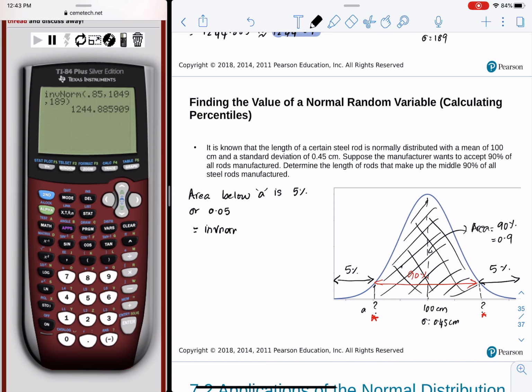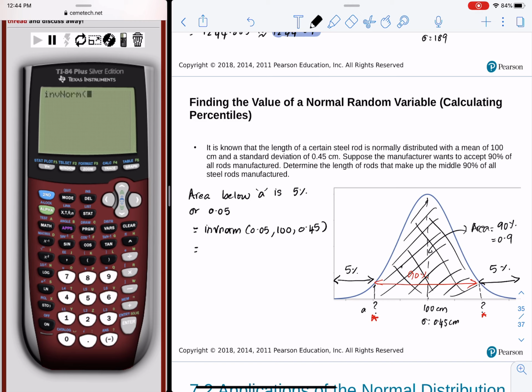So inverse norm 0.05, the mean is 100, the standard deviation is 0.45. And that gives us, oh, sorry, wrong function.